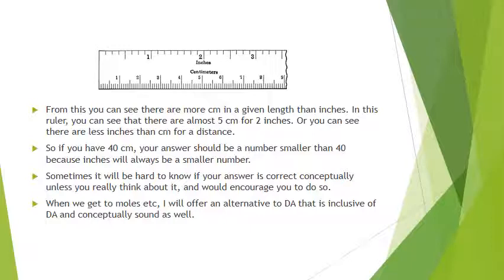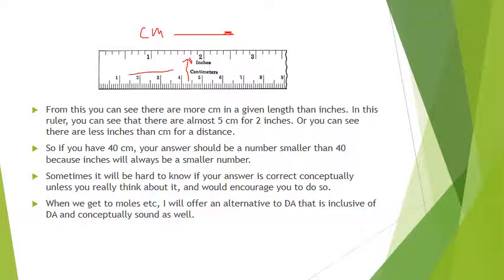One of the things that may help you think about this answer is actually looking at the scale. If you look at the scale, you see that there are approximately 5 centimeters in 2 inches. So there are always going to be more centimeters than inches. We start out with centimeters and we're going to inches. That means we're going from a larger number to a smaller number.